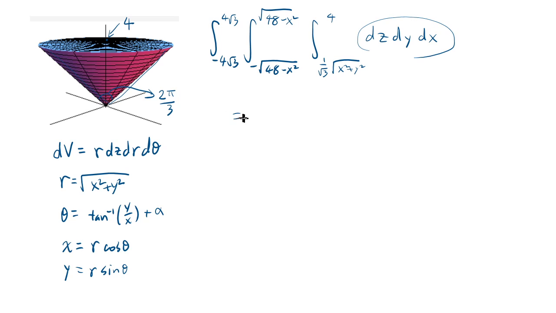This now has to change to r dz dr d theta. And the bounds don't really change because z is the same thing, except you're not allowed to have x and y, so you look and say, oh, r is square root of x squared plus y squared, so this can be replaced by r. So you put 1 over radical 3 times r, and then z goes up to 4, so that's good.